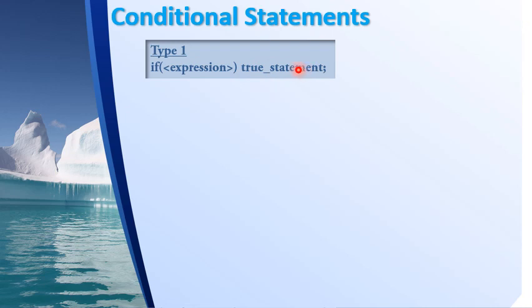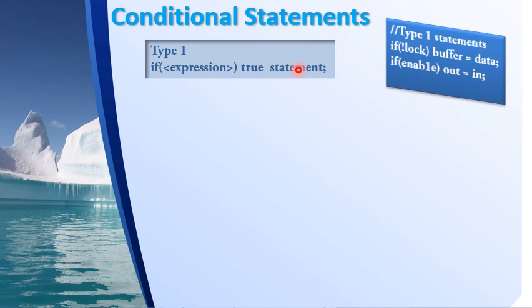That's it. An example of type 1 statements would be, say, if not of lock, buffer equal to data. That means if lock is equal to 0. Not of lock means the complement of lock. So this condition is checking if lock is equal to 0.